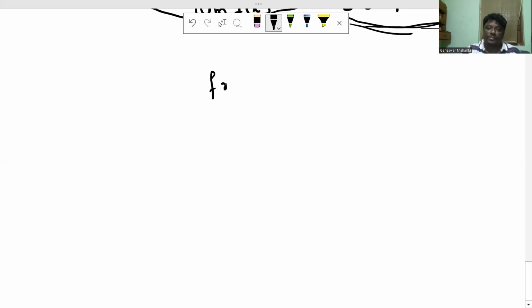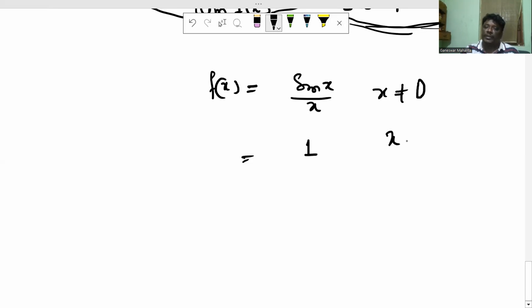Let f of x is equal to sin x by x when x is not equal to 0, and 1 when x is equal to 0. Test the continuity.